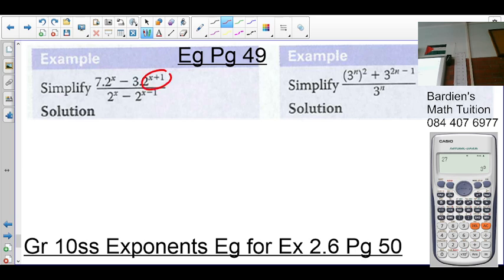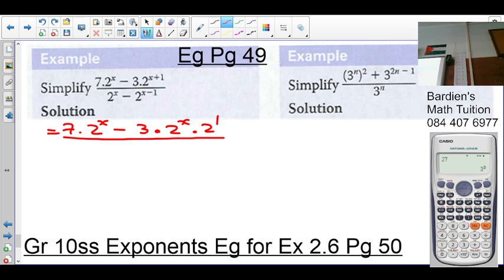Break up so that I can factorize. Can you see that, people? So if I break that up, what do I get? I get 7 times 2 to the x minus 3 times 2 to the x times 2 to the 1 over 2 to the x minus 2 to the x times 2 to the negative 1.